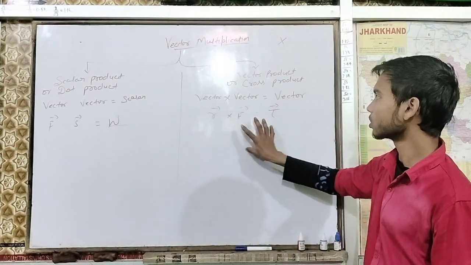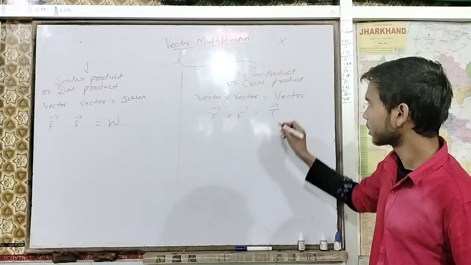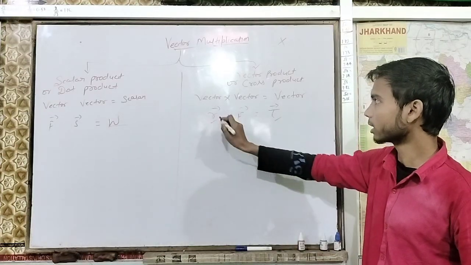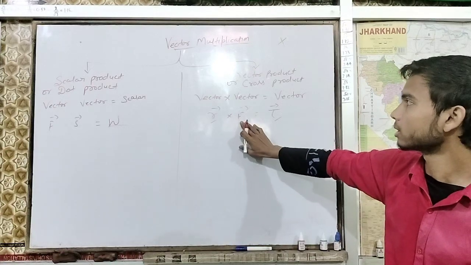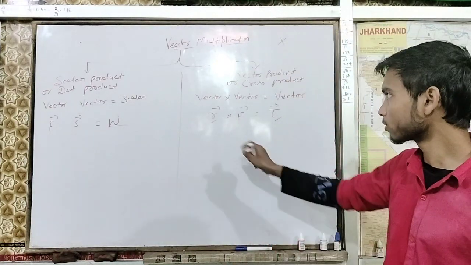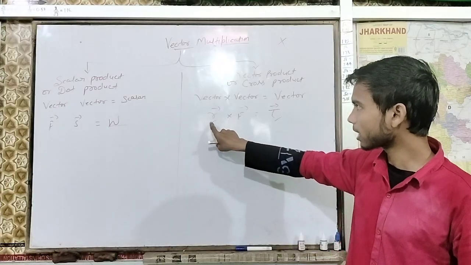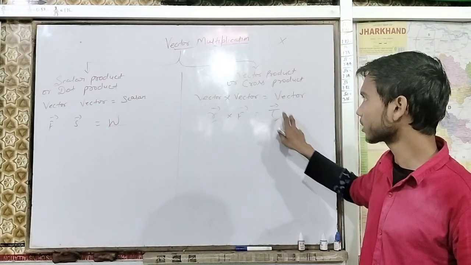Radius multiplied by force is equal to this torque. Torque is a vector. Radius is also a vector, and force is also a vector. Here you are observing that by multiplying this by this, we are getting a vector again.